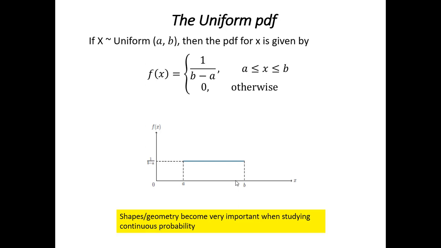For our next example, we're going to look at the uniform distribution, but first a quick review. If x is uniformly distributed between a and b, then the PDF for x is given by f of x is equal to 1 over (b minus a) when x is between a and b, and it's equal to 0 otherwise.